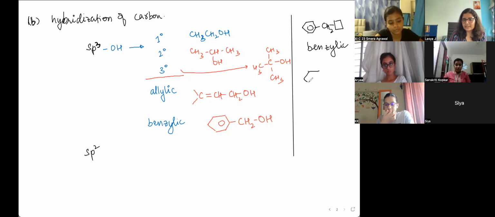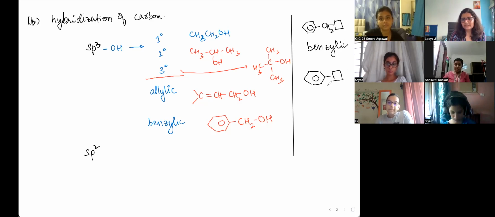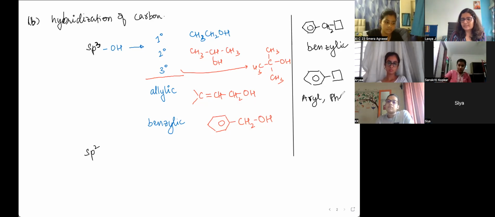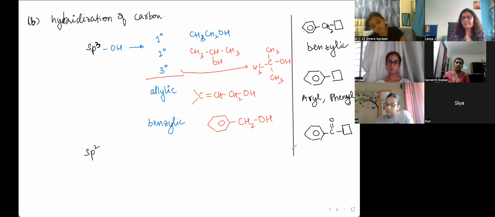If it is directly connected to the benzene ring itself, halide, alcohol, whatever it is, then this will be called aryl, or more specifically a phenyl. Phenyl with a Y, not phenol. And if you have a benzene ring with a C double bond O and something connected here, then this is called benzoyl. OYL.